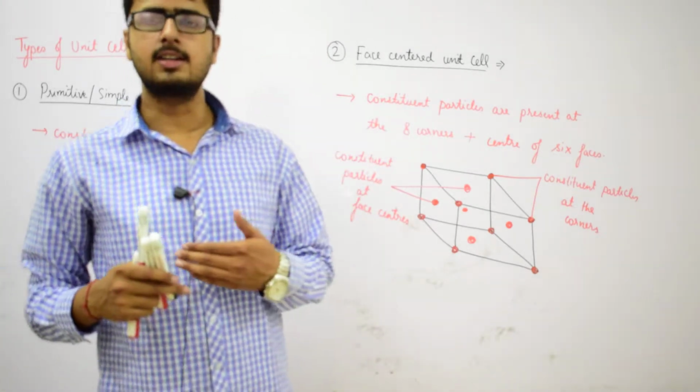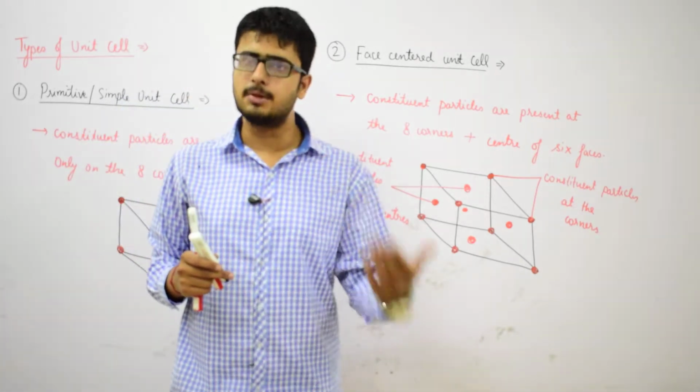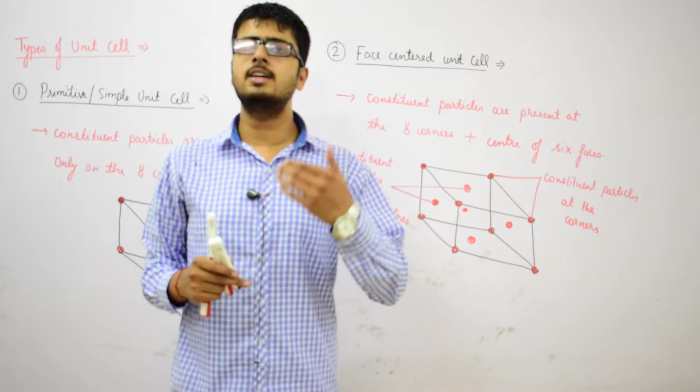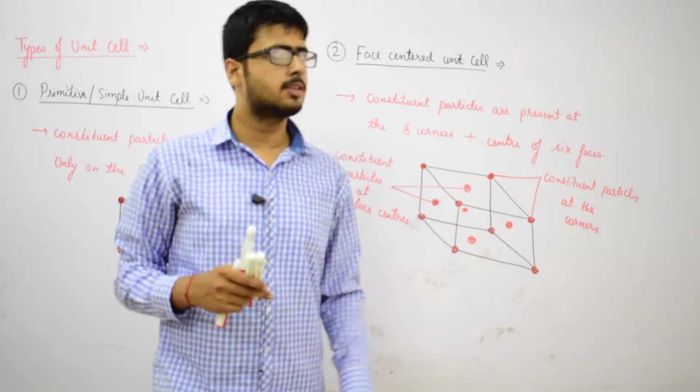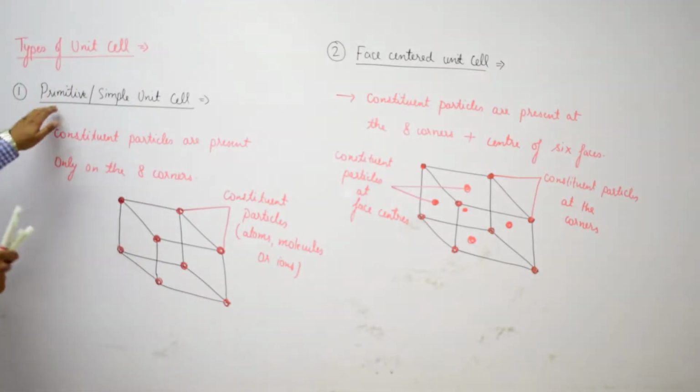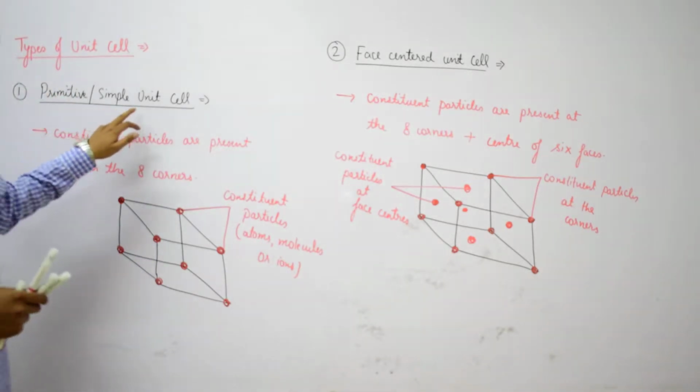These are also called 7 crystal systems. So, we have discussed the first type of unit cell, that is primitive or simple unit cell.